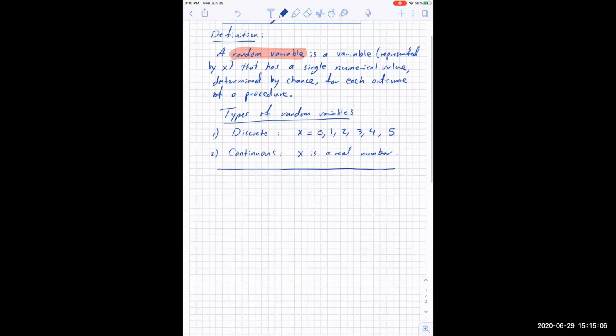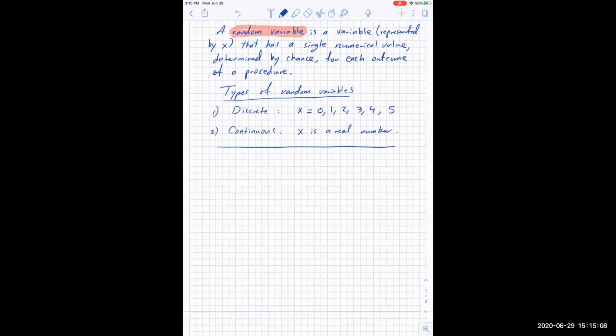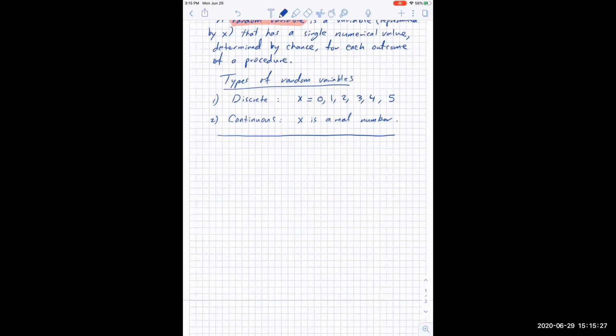Next chapter, we're going to work with continuous. So in this chapter, we're going to work with experiments or procedures that give us a numerical value, and that numerical value is a whole number, 0, 1, 2, 3, 4, and so on. So discrete random variables.